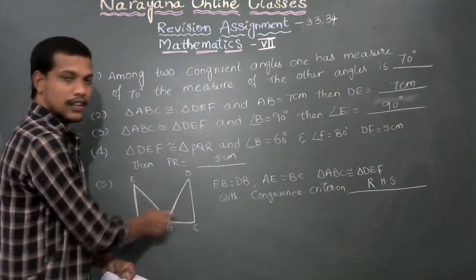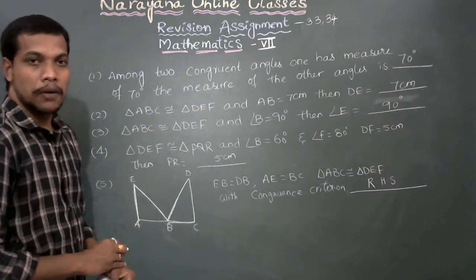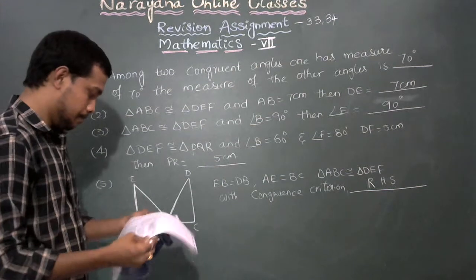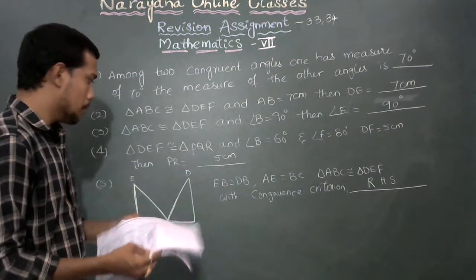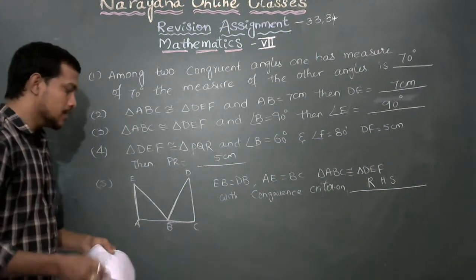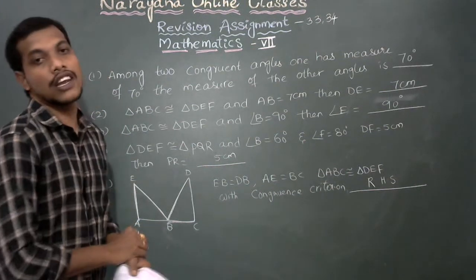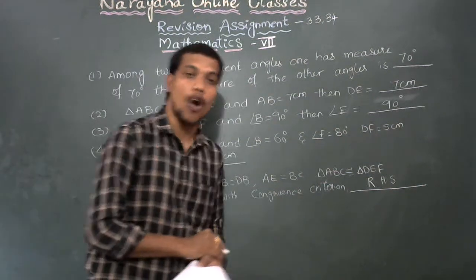So both are equal. Both the triangles are equal. Then which congruence is it? That is the right hand side congruence criterion.